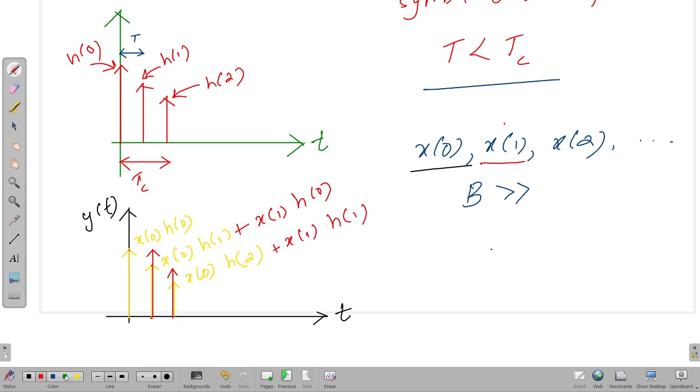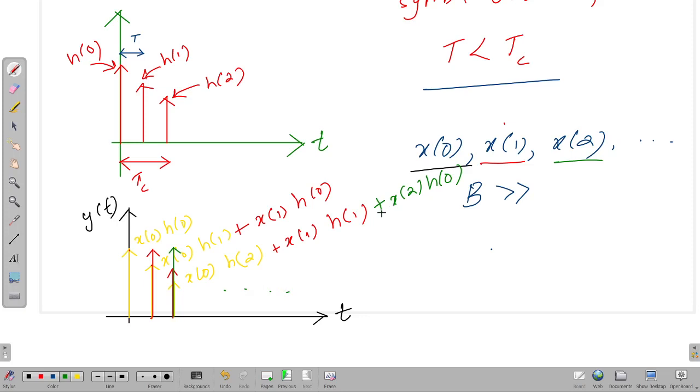And in the next time instant you are transmitting x of 2, which is the third time instant. So here you will have x of 2 into h of 0, and it goes on like that.